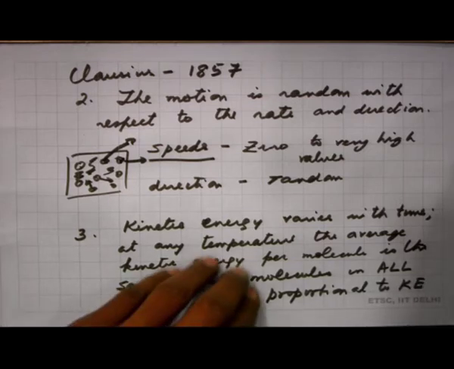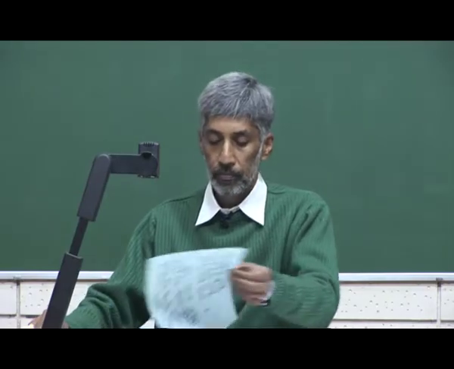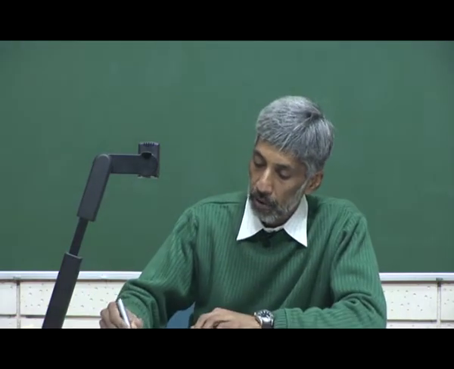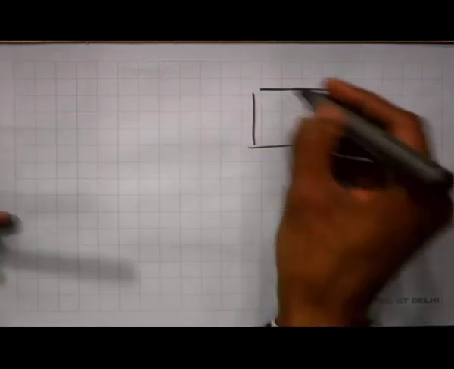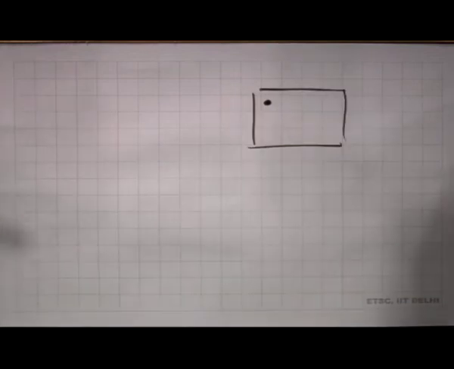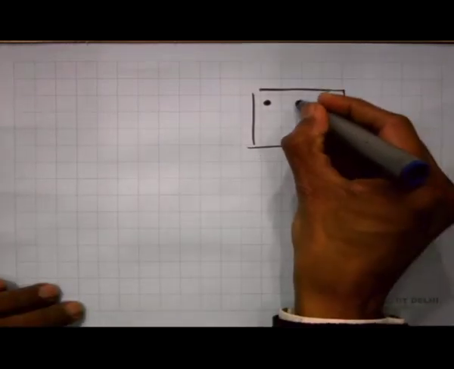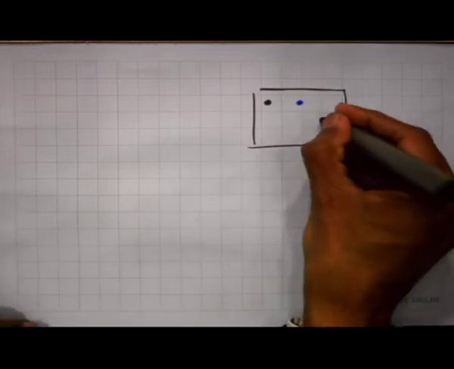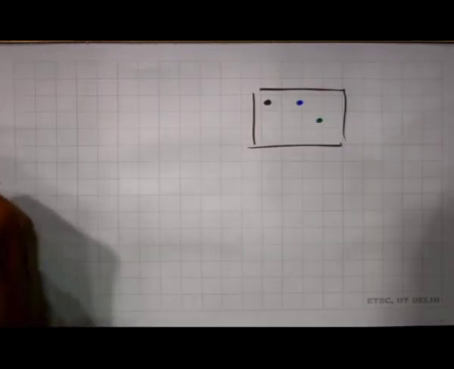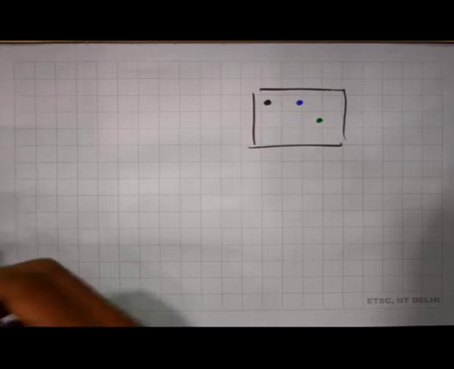If you took a sample, for convenience, imagine that there are 4 kinds of molecules. One is a black one, another is a blue one. We have a third molecule which is green, and a fourth molecule which is red.